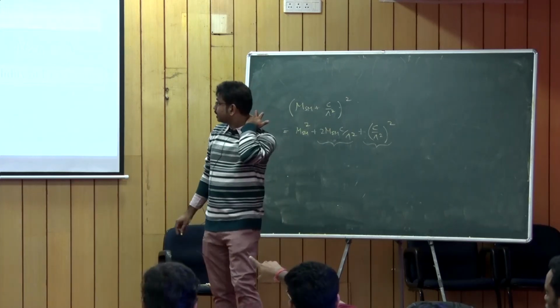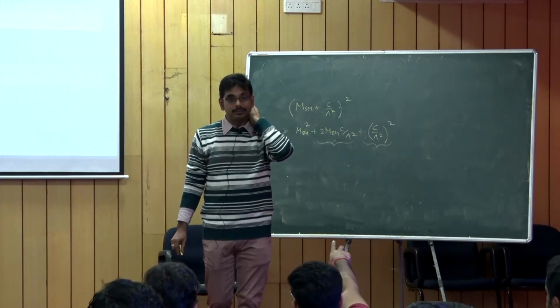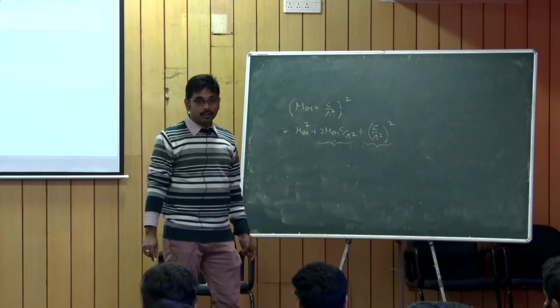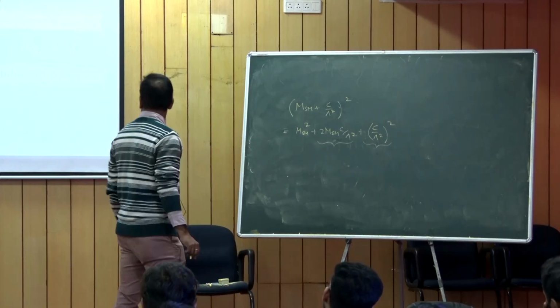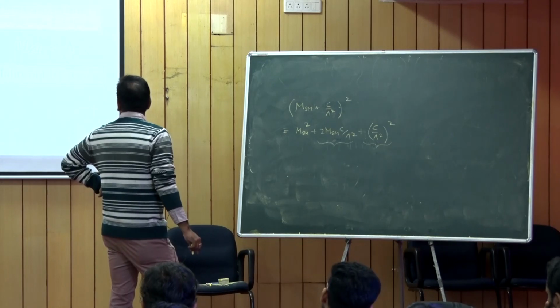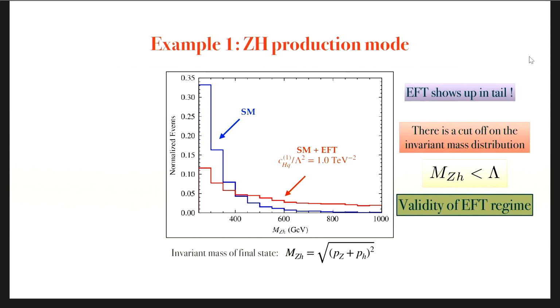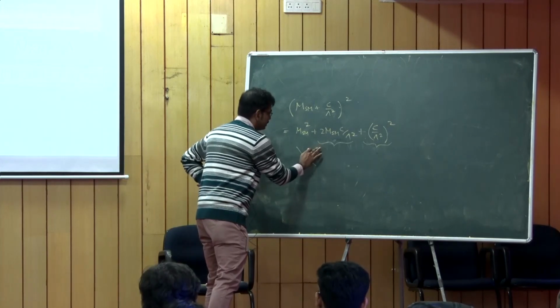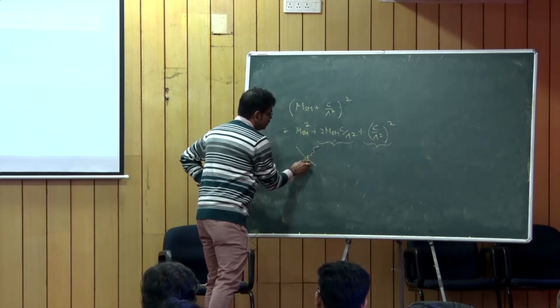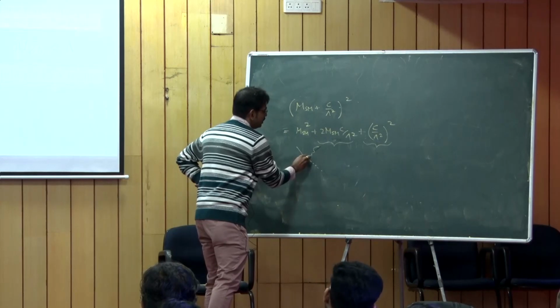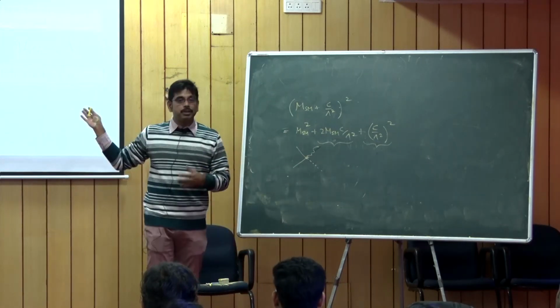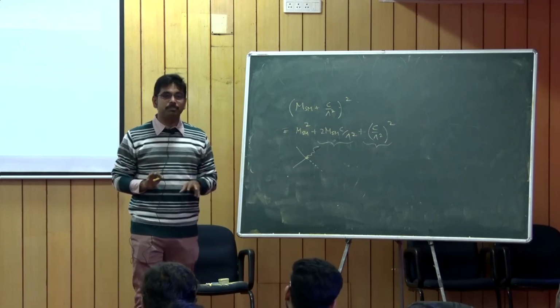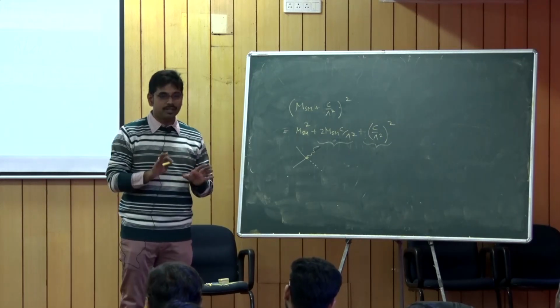So by this plot, it seems that the quadratic is contributing more than the interference. Yeah, you are in a sense right, because this is mostly coming from this graph. Yeah, that is because we are just taking this C to be simply order 1 and lambda equal to 1 TeV to show the case.